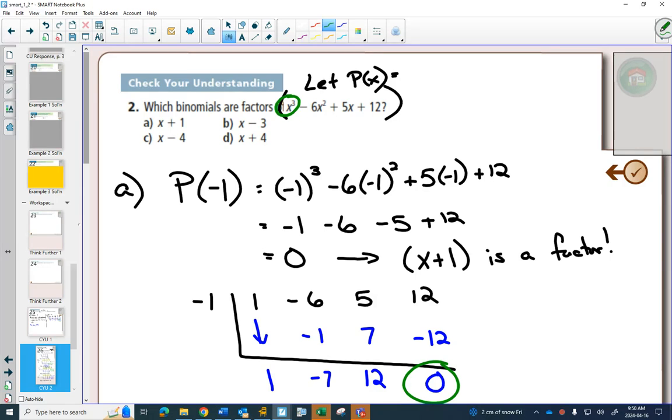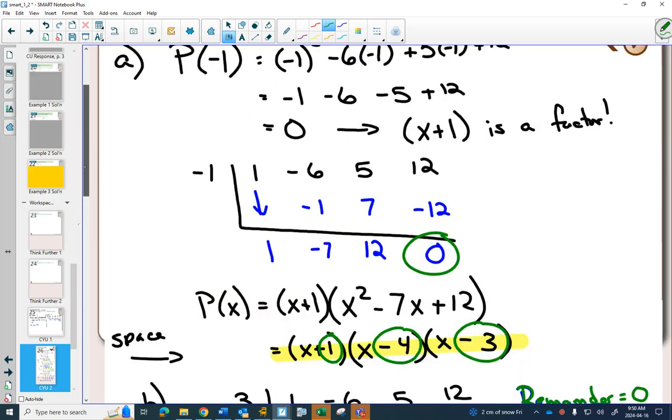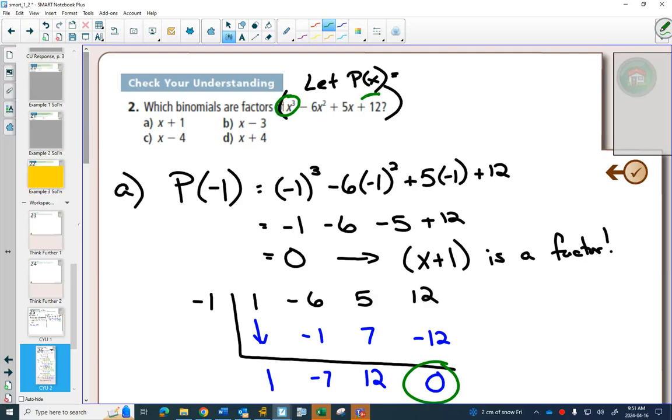But more importantly, notice that your last ones, 1 times -4 times -3, give me 12. That is still true. Same thing as factoring with 2: your last ones multiply to give your last term. When you have 3, your last ones still multiply to give you your last one.